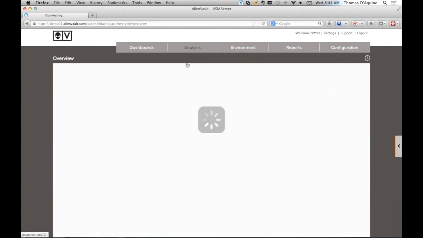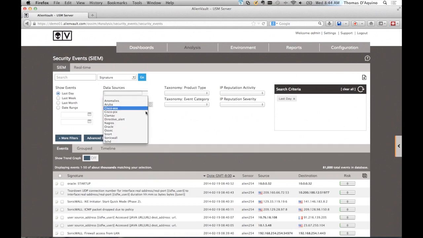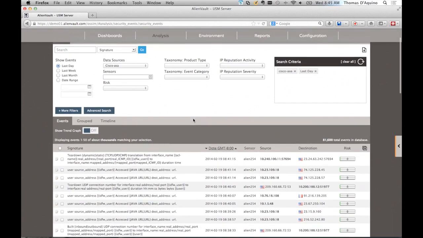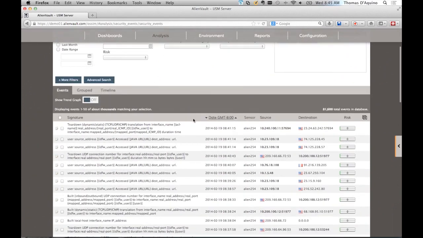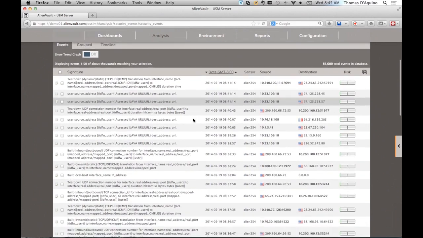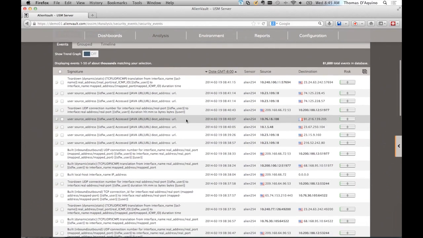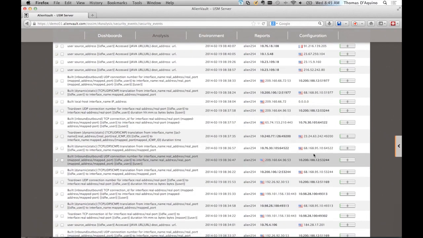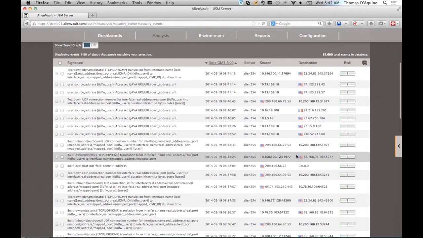If we just jump in here to the security events view, we can apply a filter where we're looking at just firewall data, and when we're watching this firewall activity, you can see there's a lot of information that the firewall generates, right? There are these teardown messages, these user messages, a bunch of permit messages, and lots of communication occurring here between multiple hosts on the network.